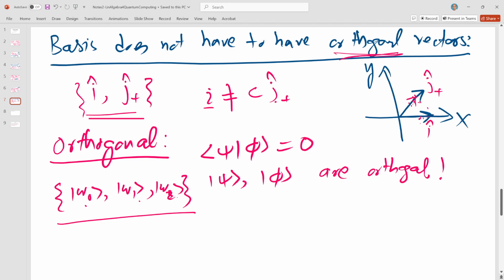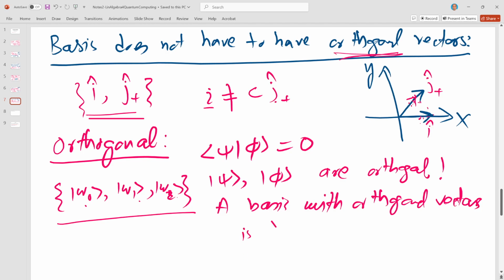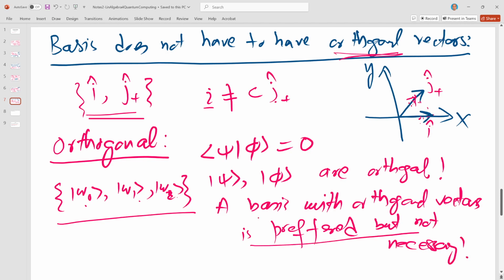However, if they are, then it's a very nice property to have in a basis. So a basis with orthogonal vectors is preferred, but not necessary. Most of the time we'll be working with a basis that is orthogonal, but we don't have to.